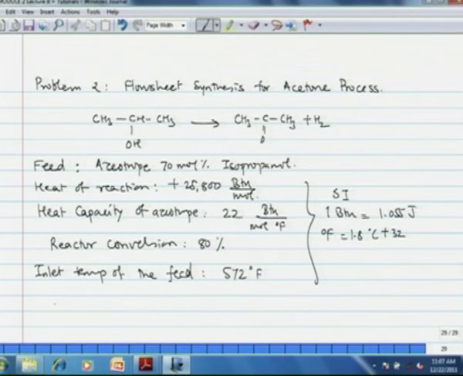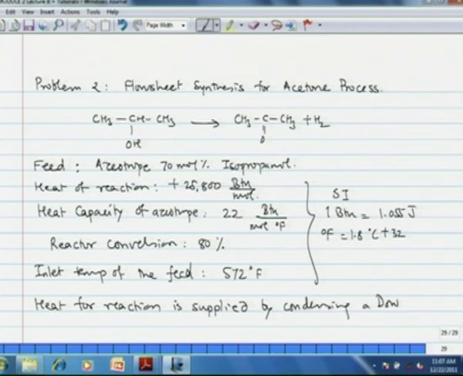The heat for the reaction is supplied by condensing a Dowtherm liquid in the reactor shell.